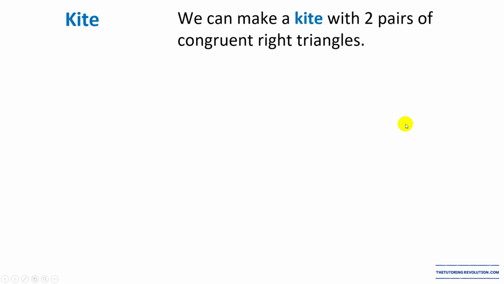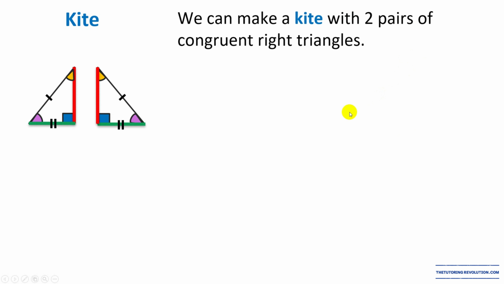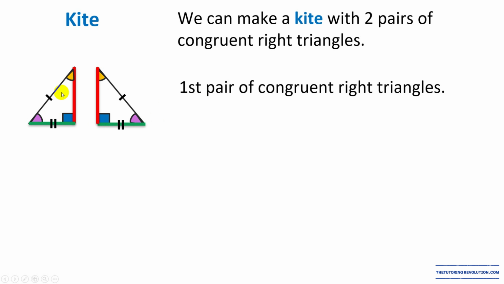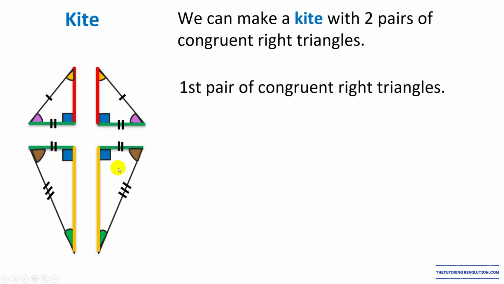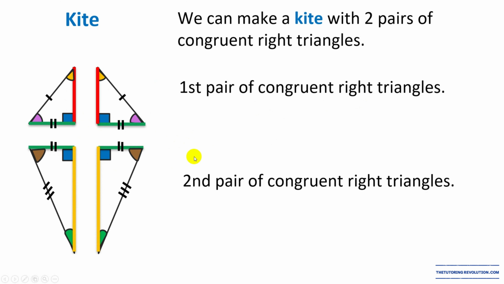We can make a kite with two pairs of congruent triangles. So let's draw two right triangles here. You see these two triangles are congruent. That will be our first pair of congruent right triangles. And we draw a second pair of congruent right triangles.